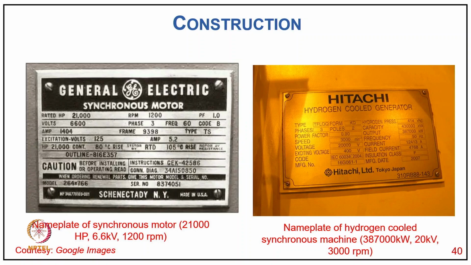These are typical nameplates of synchronous machines, made by General Electric and Hitachi for generators, and a synchronous motor by General Electric, with a rating of typically 21,000 horsepower for the synchronous motor and typically 387 megawatt for the synchronous generator.